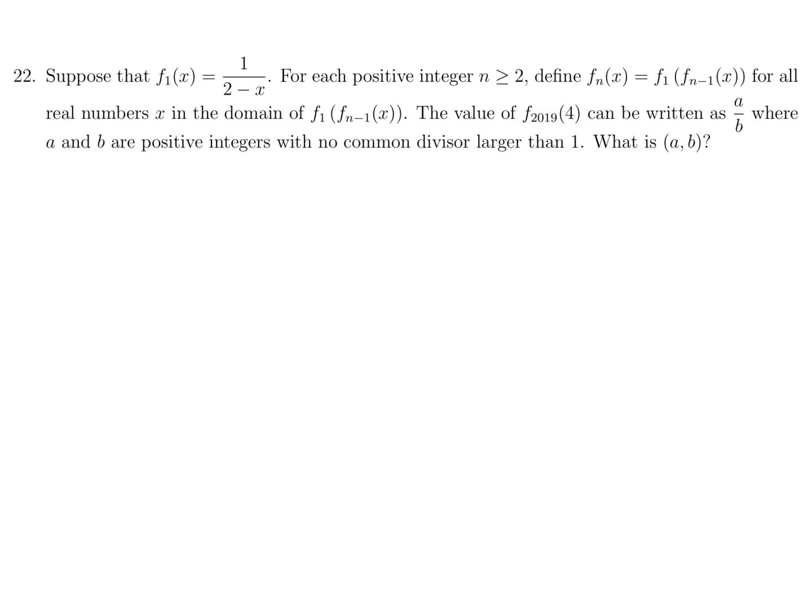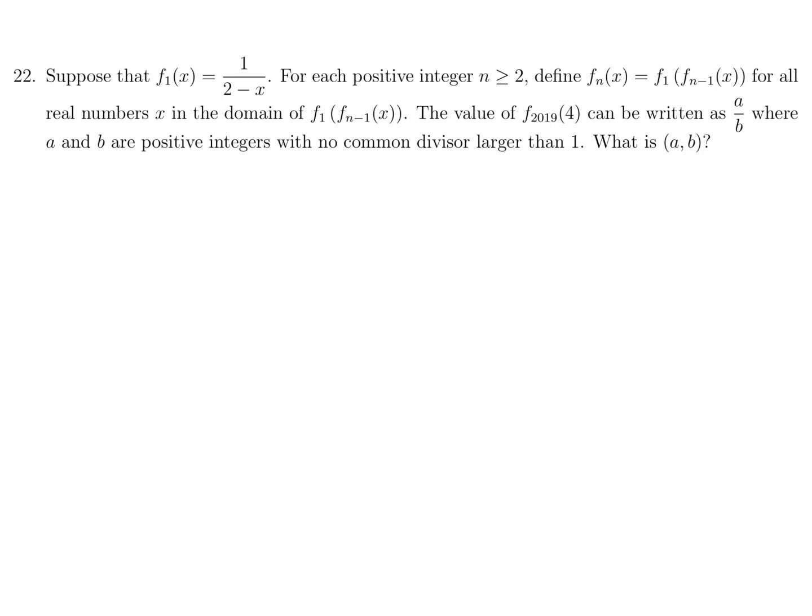Suppose that f sub 1 of x is equal to 1 over 2 minus x. For each positive integer n greater than or equal to 2, define f sub n of x to be f sub 1 of f sub n minus 1 of x, for all real numbers x in the domain.